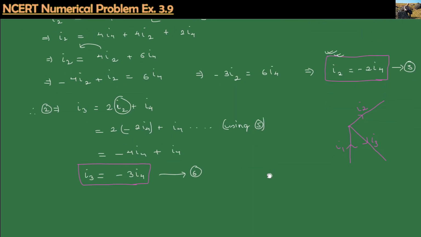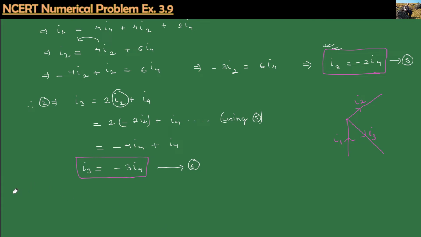So from equation 4, this will be 3I2 minus I4, and then plus 2.